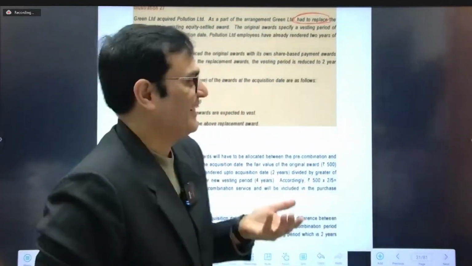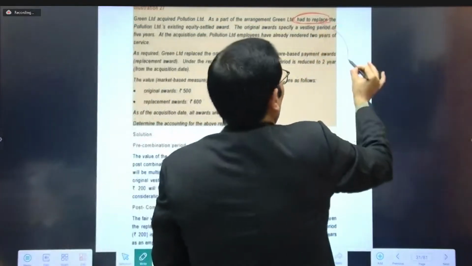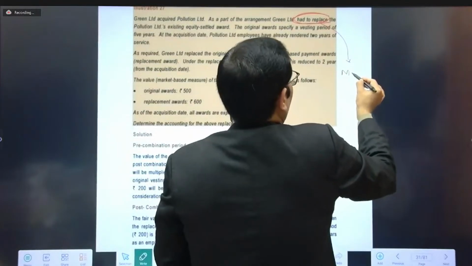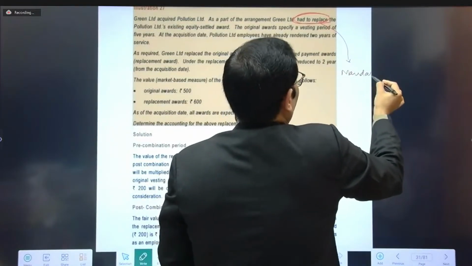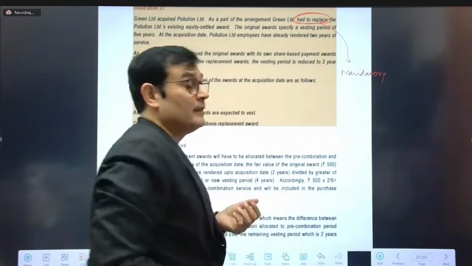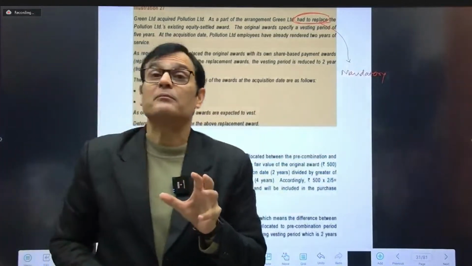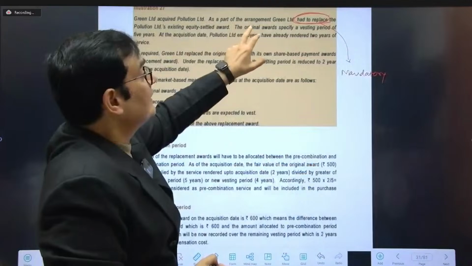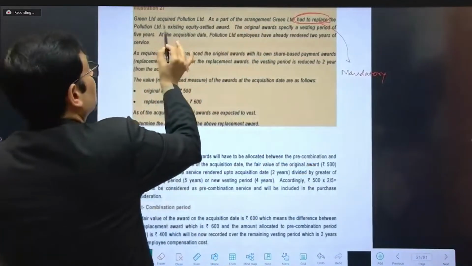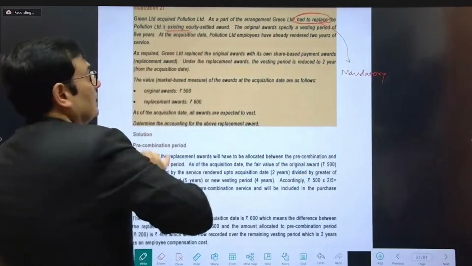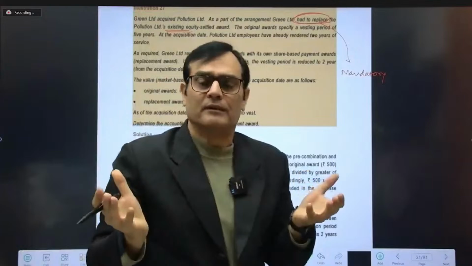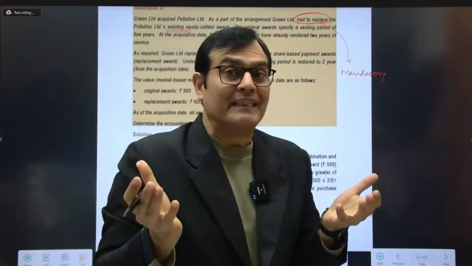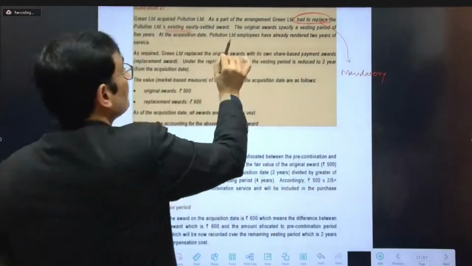Basanta. When it says it had to replace, can I say it means it is supposed to be a mandatory replacement? The language of the question is pretty clear and telling me at the very outset that Green had to replace the Pollution's existing equity settled awards. So very clearly given in the question, he had to replace as a mandatory replacement.